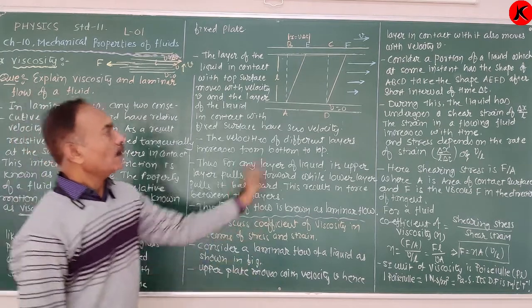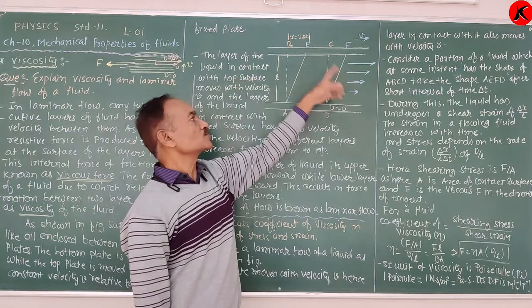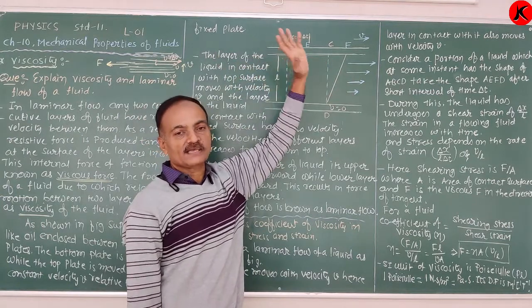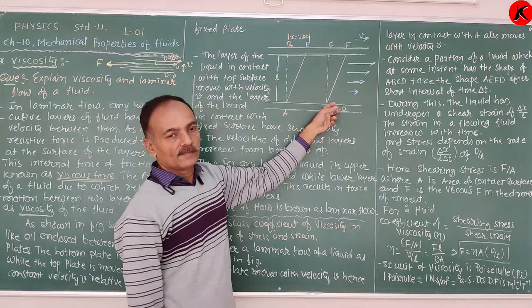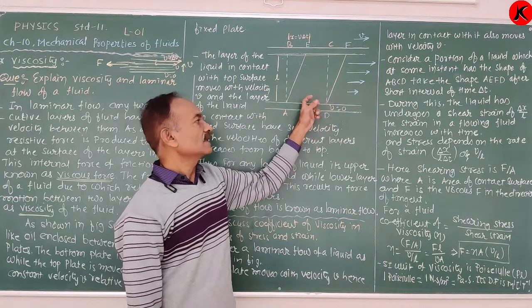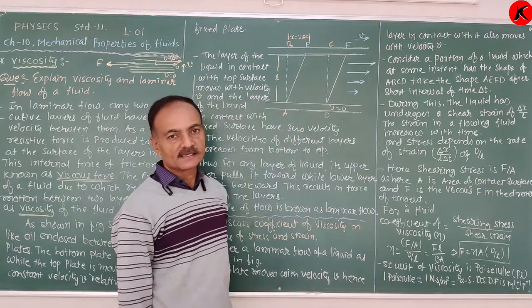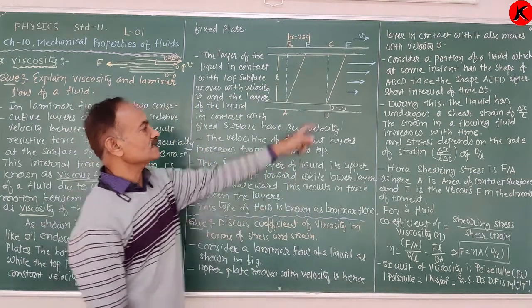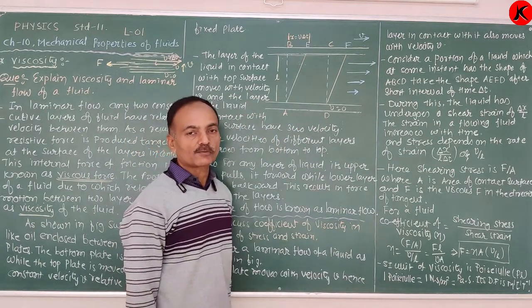Okay. Now, the layer of the liquid in contact with the upper plate also moves with the same velocity as the glass plate, while the layer in contact with the bottom glass plate remains stationary because the bottom glass plate is fixed. It does not move.